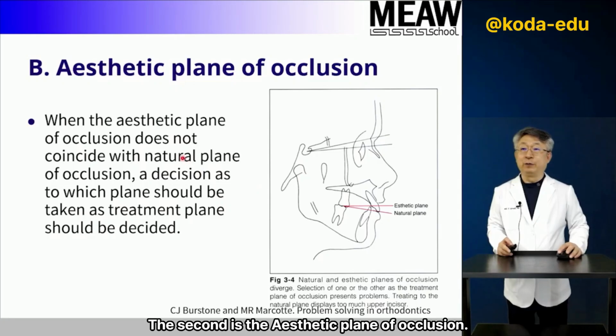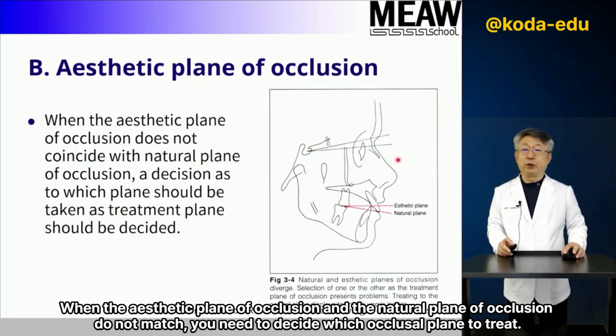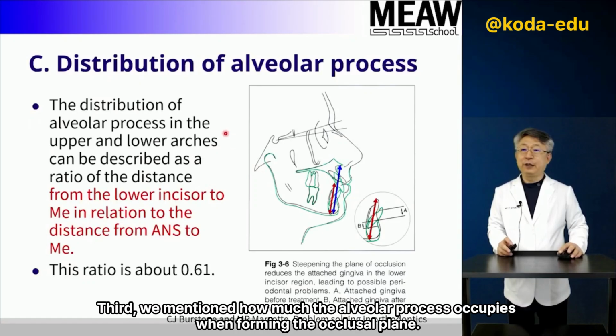The second is the aesthetic plane of occlusion. When the aesthetic plane of occlusion and the natural plane of occlusion do not match, you need to decide which occlusal plane to treat. Third, we mentioned how much the alveolar process occupies when forming the occlusal plane.